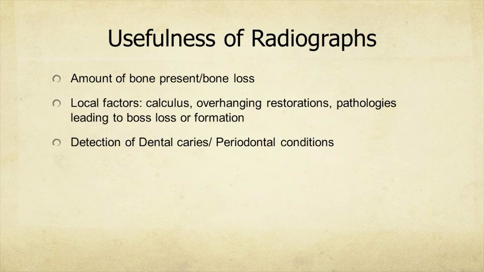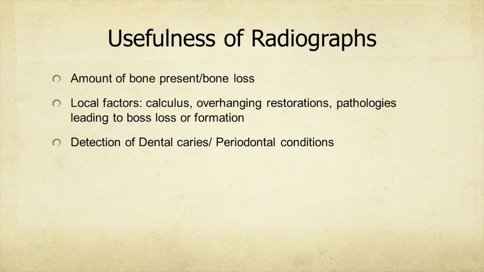By far the most important and the most diagnostic value of a radiograph is to determine the amount of bone which is present or absent, and to find out all the local factors.